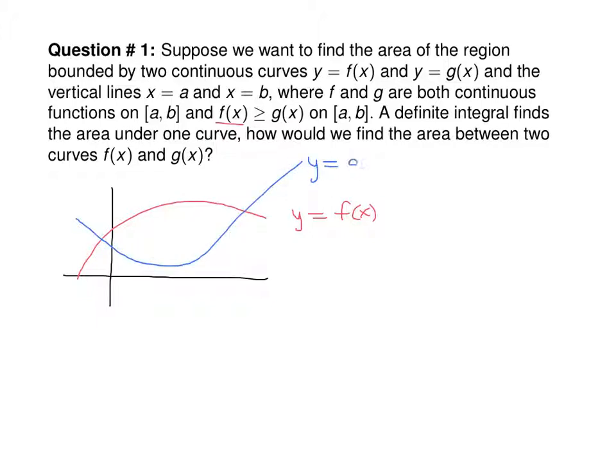Y equals g of x. And suppose that's a, and suppose that's b. So what we want to find is a way to figure out this area in between those two curves. Call that area A.